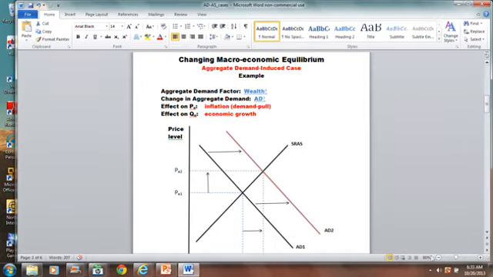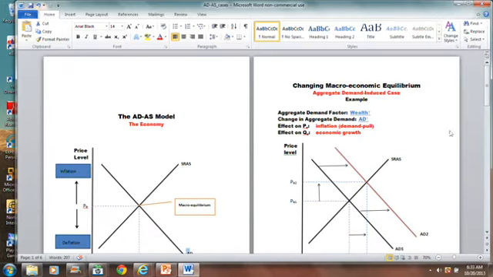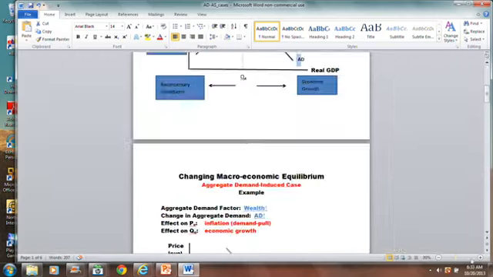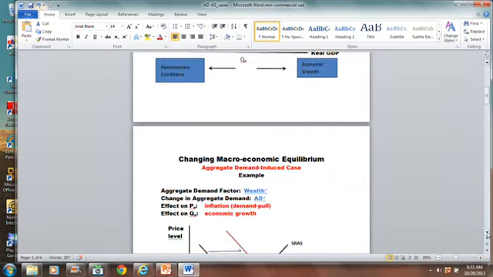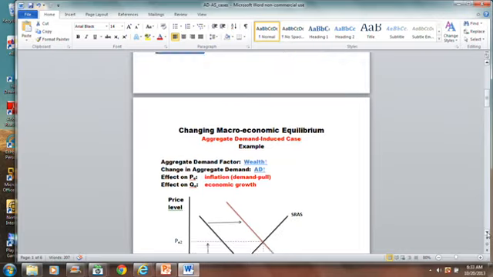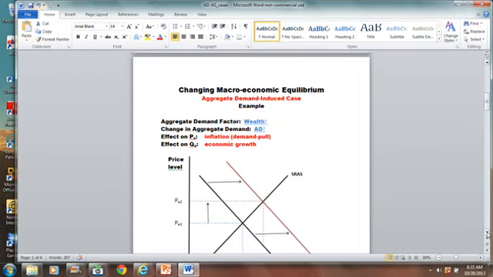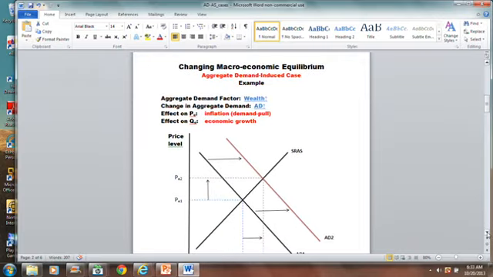In example 1, we have a case where only the aggregate demand curve is shifting, which is what I would call an aggregate demand induced case.